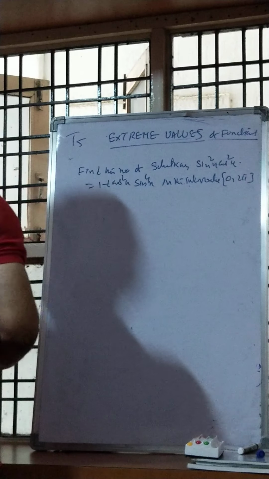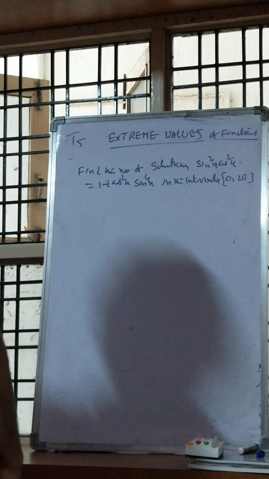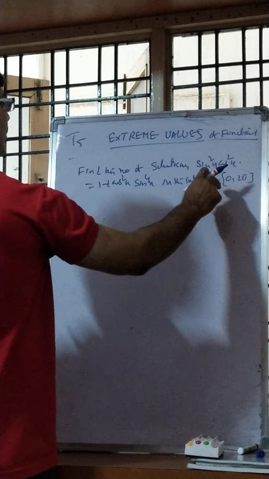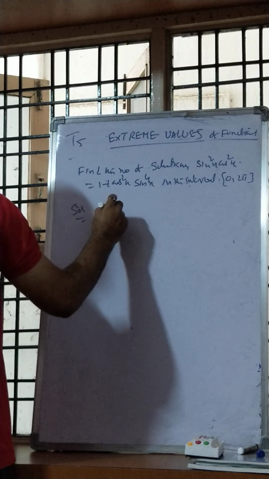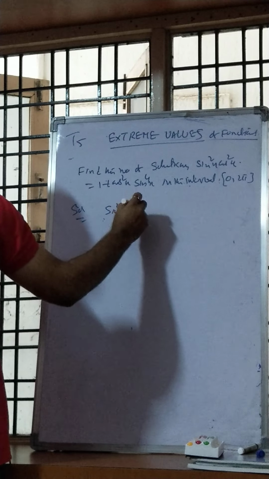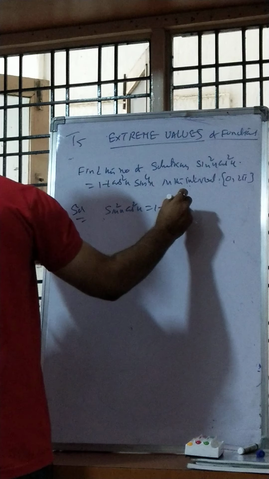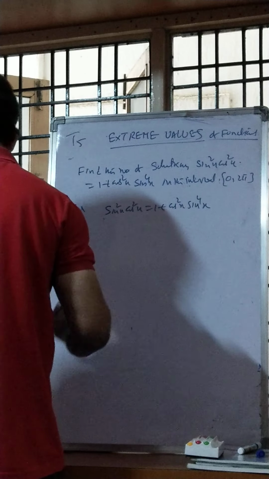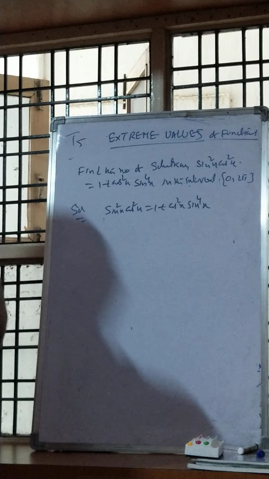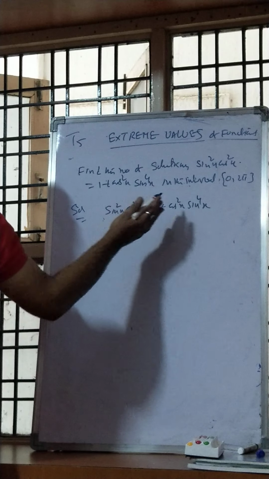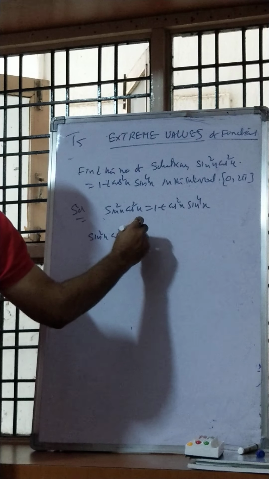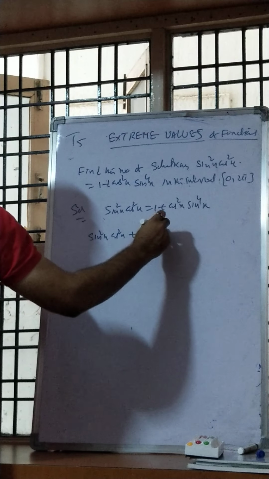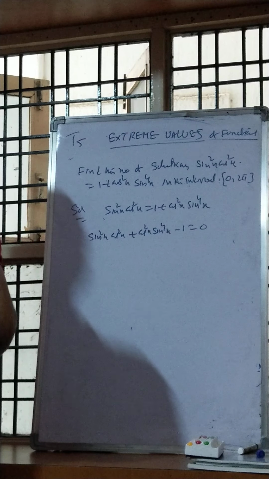Take everything to one side: sin^2 x cos^2 x plus cos^2 x sin^4 x minus 1 equal to 0.